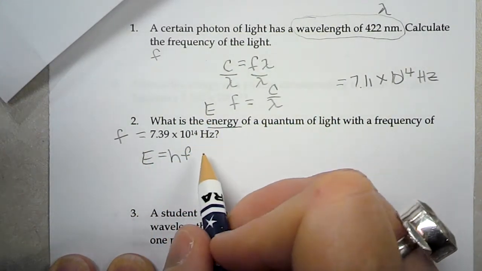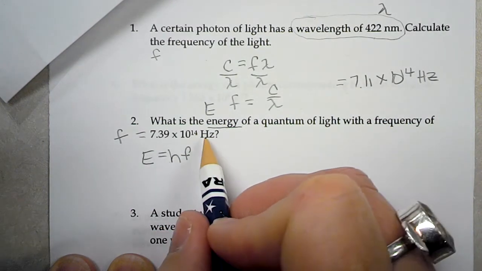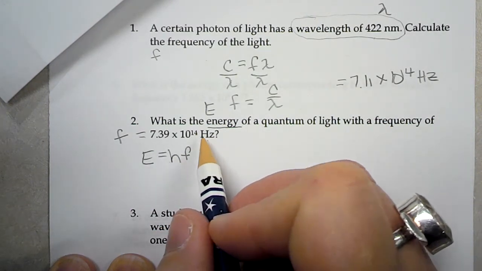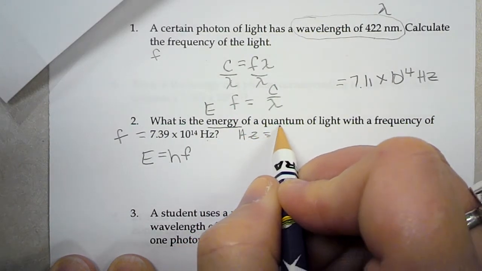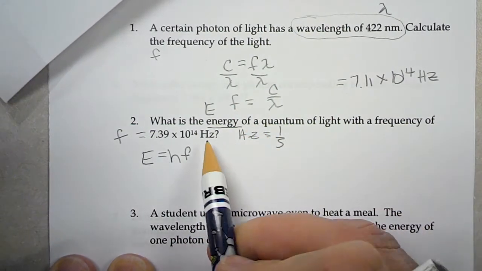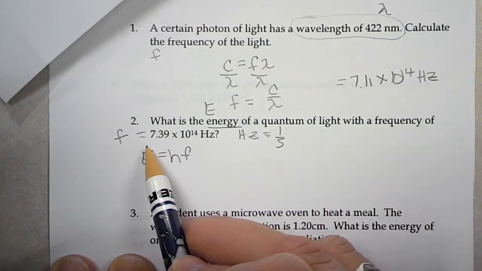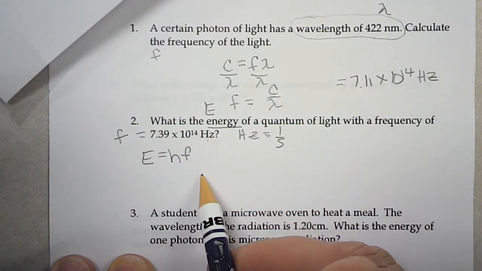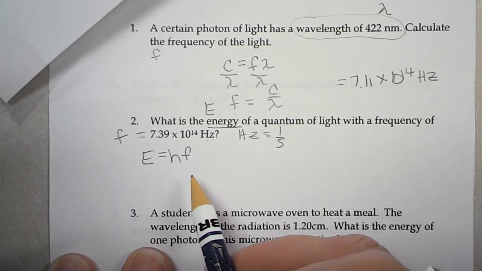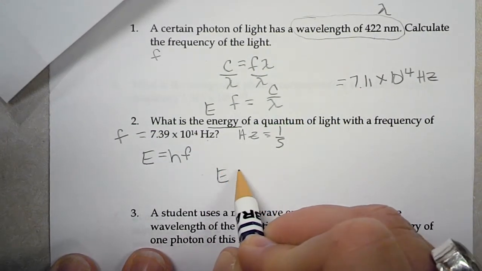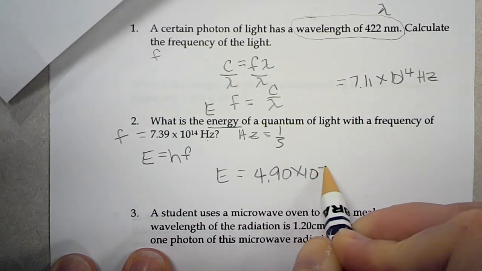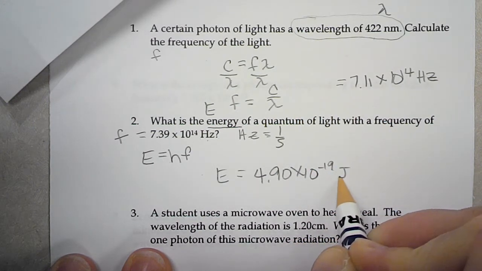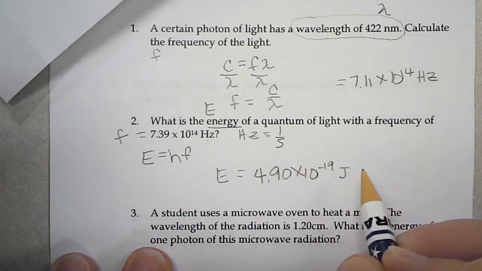Please keep in mind that hertz is the same thing as 1 over second. So whenever you're writing in this number, you might want to put in 7.11 per seconds, because that would be helpful. When you finish, your energy is equal to 4.90 times 10 to the negative 19th joules. Be sure that your answer is in joules.